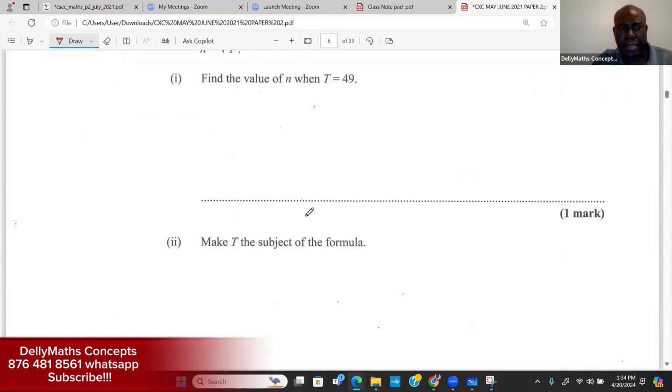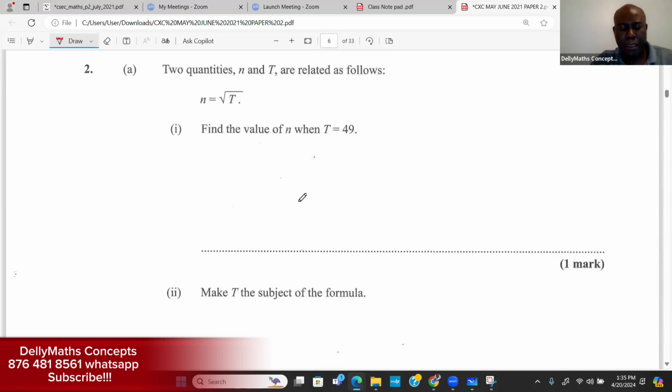Let's look at the second question. A typical number 2 question looks like this. It says 2 quantities, n and t, are selected as follows. N is equal to the square root of t. Find the value of n when t is 49. I'm supposed to find the value of n when t is 49. So I'm going to replace that t with 49.